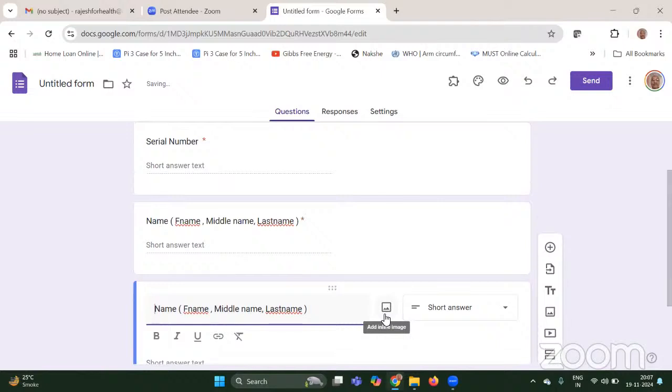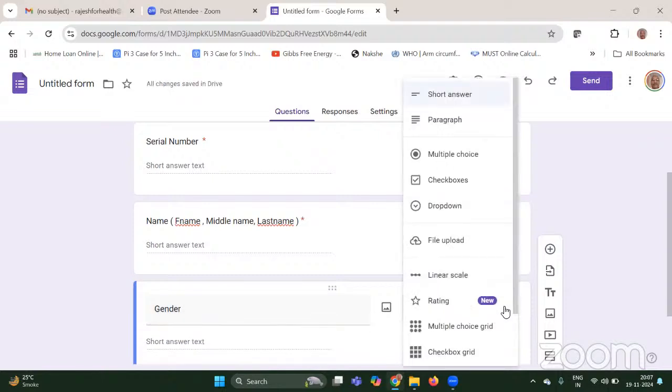Then you can have gender, for example. Now in gender, you want to keep options, right? In that case, instead of short answer, you can go for options. It could be a drop-down, a multiple choice, or a checkbox, right?